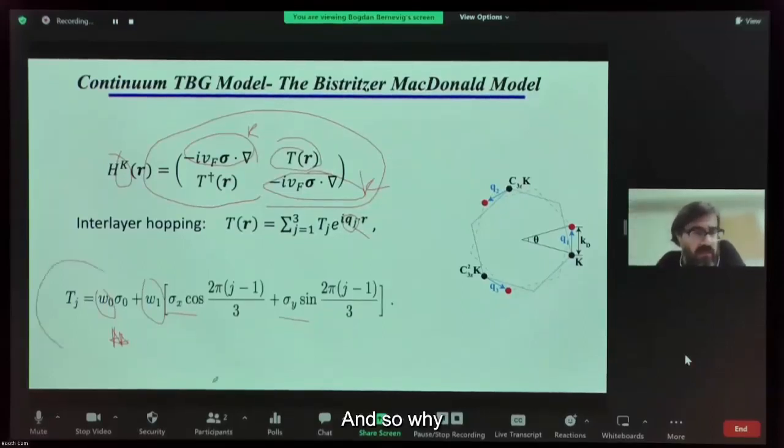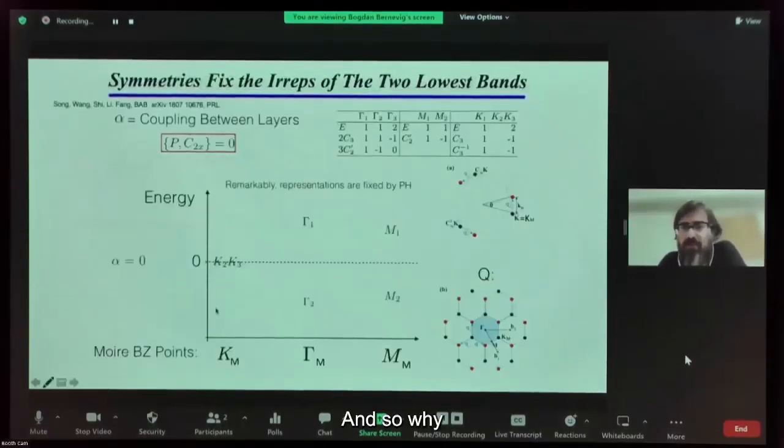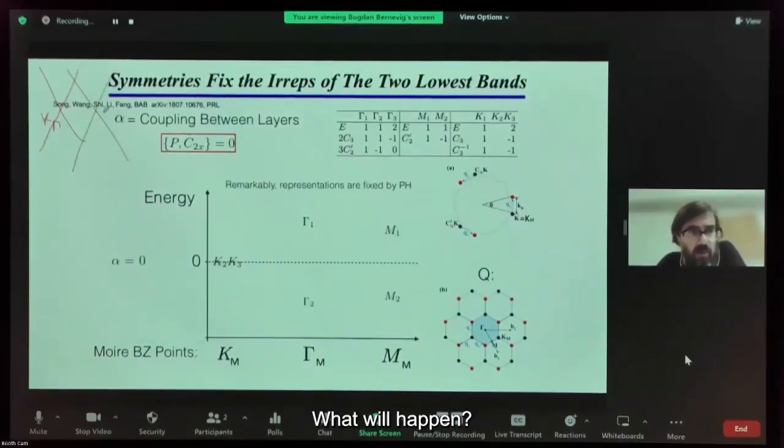Okay, so there are two parameters, W0 and W1, and this is called the Princeton Hamiltonian. There's a remarkable thing about it: if you correct all the symmetries in the Princeton Hamiltonian model, it has a Dirac point at the K of the upper layer, which we call K Moiré, and a K at the lower layer, which we call K Moiré prime.